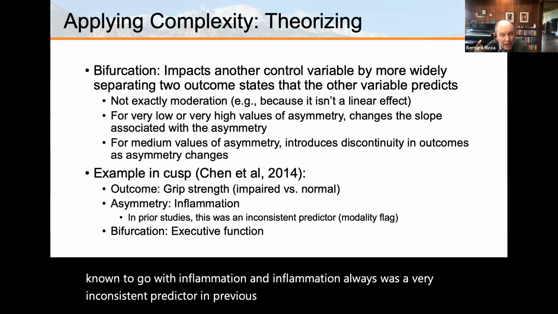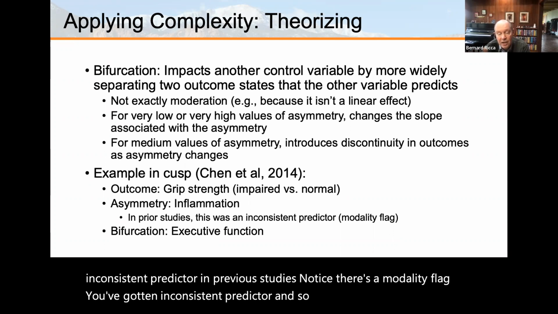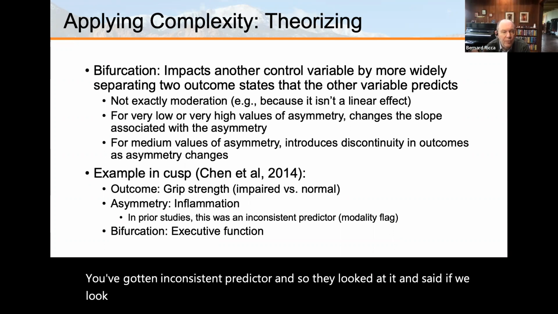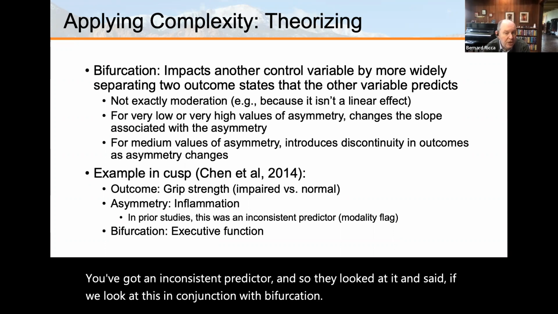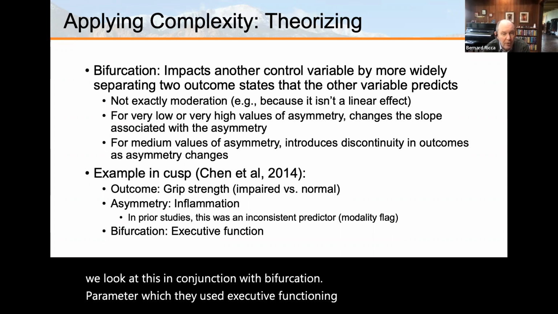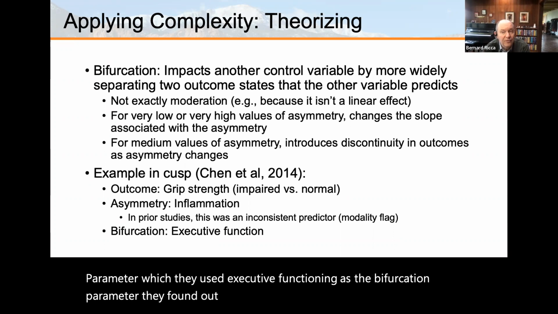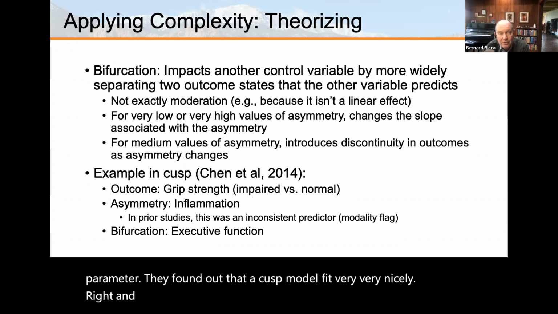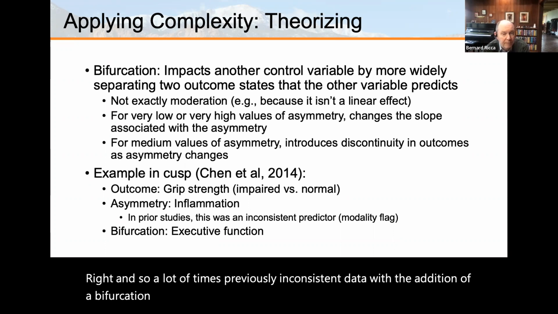Notice there's a modality flag. You got an inconsistent predictor. And so they looked at it and said, if we look at this in conjunction with bifurcation parameter, which they used executive functioning as the bifurcation parameter, they found out that a Cusp model fit very, very nicely, right? And so a lot of times, previously inconsistent data with the addition of a bifurcation parameter starts to make more sense.